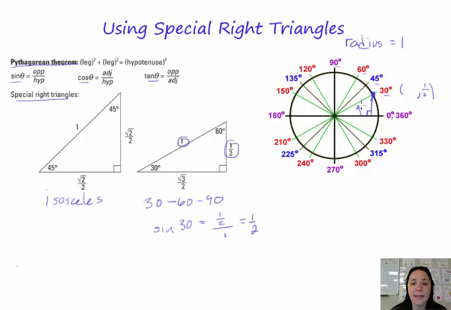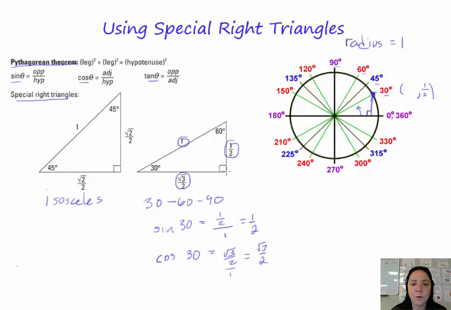And if I want to find my x coordinate, then I would consider cosine of 30, which I know from my definition is the adjacent side, which is going to be the square root of 3 over 2, over the hypotenuse, which once again is just 1, so that's the square root of 3 over 2.